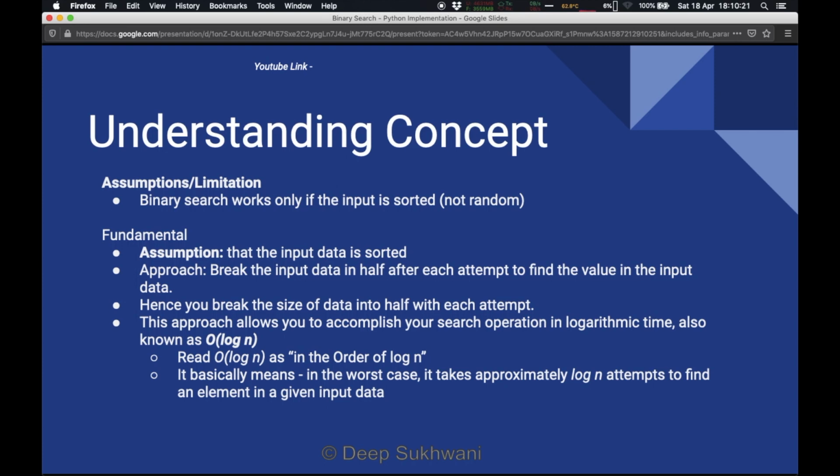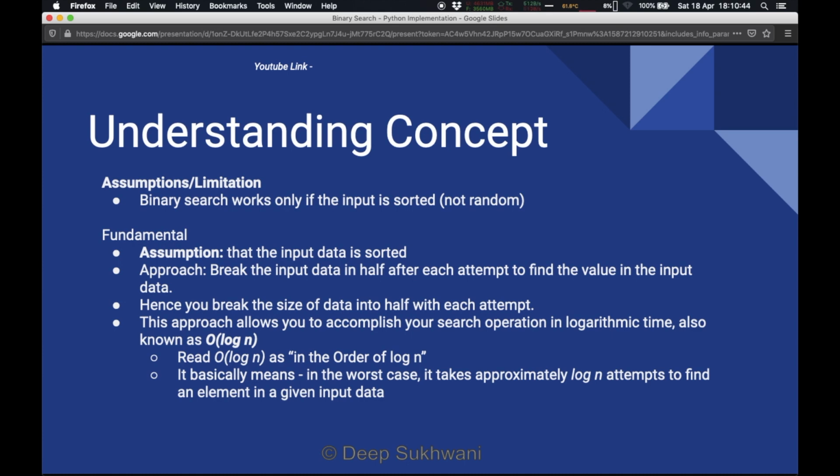So, what does binary search do? Well, basically, binary search breaks the data into half with each attempt to find the value within that data. So, let's say, for example, you have a list. You can also call it an array. In Python, we call it a list. You have a list of 10 integers, and you want to find an integer.